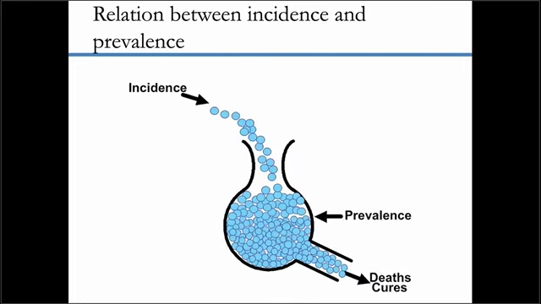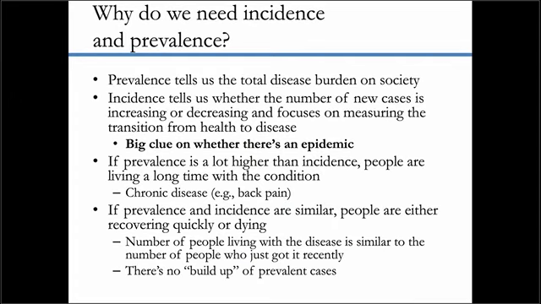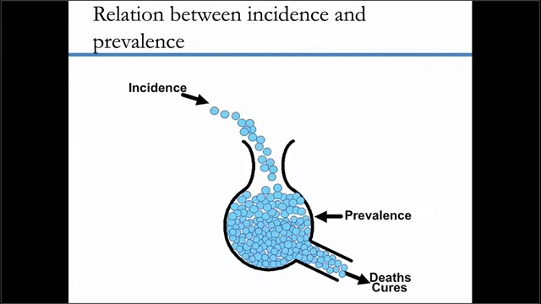So if we illustrate the relationship between incidence and prevalence, you can see here we have this jar. In that jar is the number of blue circles. That's the prevalence of disease. So basically, as you have new cases happening, so new people are getting the disease or getting infected or getting diagnosed with diabetes or whatever it is, your prevalence is going to increase.